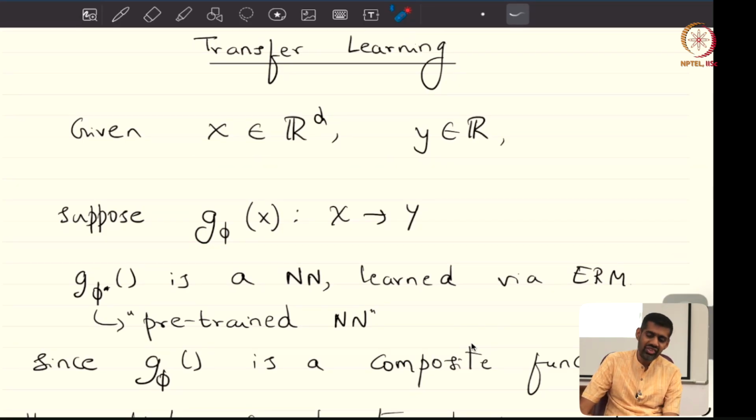Now, if it's trained on a supervised task, would the features... First of all, the kind of features that are learned, or the transformation that is learned by G phi, is completely dependent on what sort of task it is being trained for. And we know that the goal of all supervised learning in ERM is to estimate the posterior density of y given x.